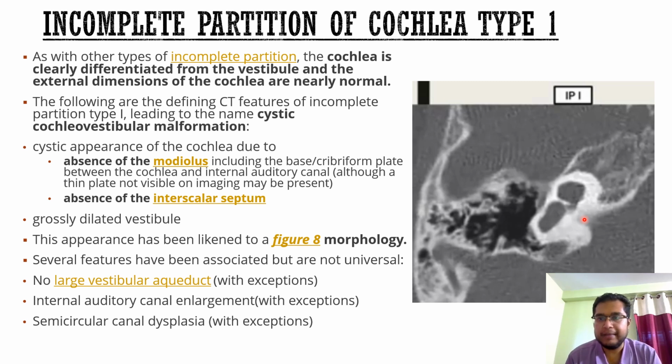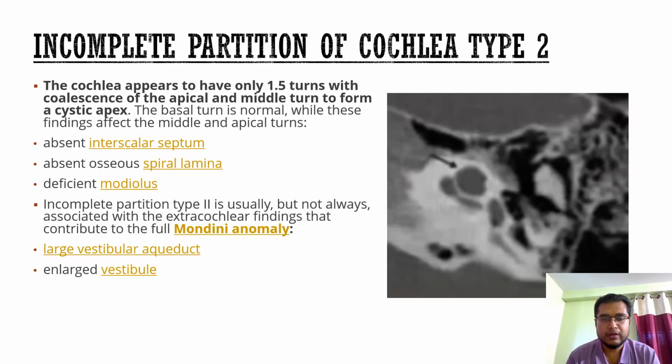It's typically IP1. Now coming to IP2, which is commonly confused with Mondini anomaly. Mondini anomaly is different. Why? I'll be coming to that. What exactly happens in IP2? In IP2, there are 1.5 turns of the cochlea with fusion of the apical and the middle turn to form a cystic apex. This is the cystic apex, and the basal turn is completely normal.